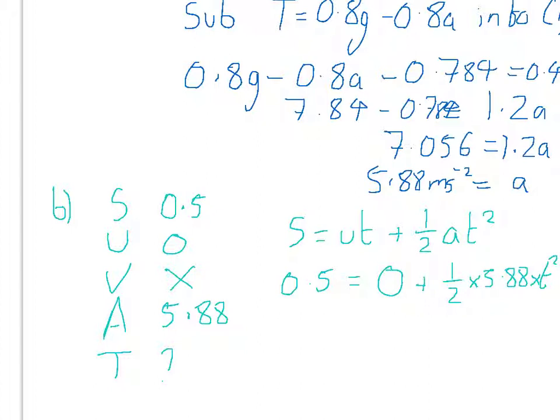If you rearrange this, you'll get t squared is equal to 0.17, which you then square root to find that the time is equal to 0.41 seconds. Now remember, you can't have a negative time. So we've done part B, A and B now.